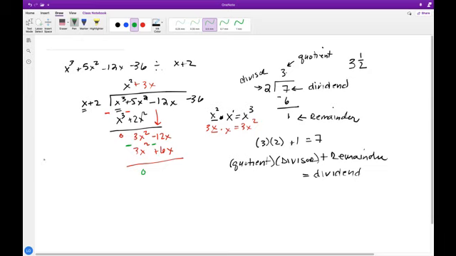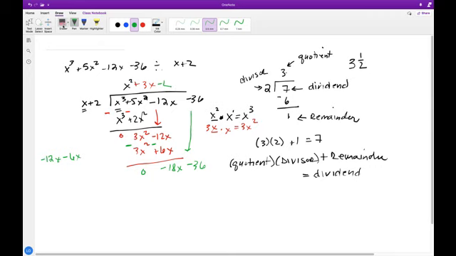So look at what we're doing. We're saying negative 12x minus a positive 6x. That's the arithmetic that we're doing right here. So that would be the same as a negative 18x. Bring down the next term, which is a negative 36, and then we do the division again. x goes into negative 18x negative 18 times.